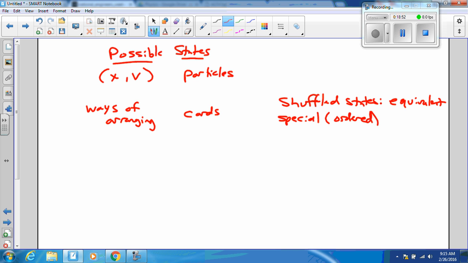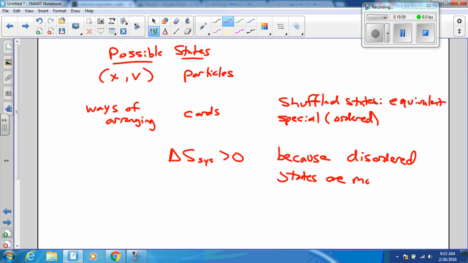The delta S for a system is always positive because disordered states are more likely. Same thing is true about environmental cleanup, right?